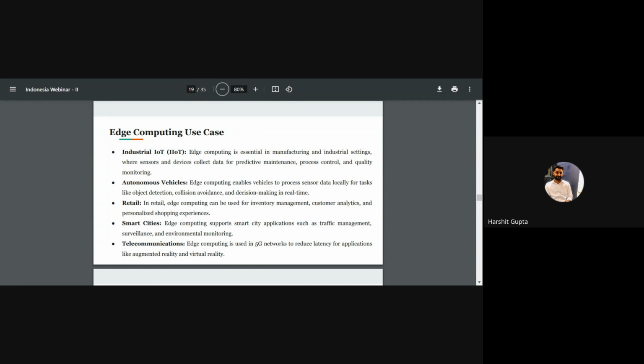Here we cannot be totally dependent on cloud services, because it takes time to process our information: it includes transfer of data from IoT devices to the cloud, computation on that data, and then retransmission of data from the cloud to the IoT devices.